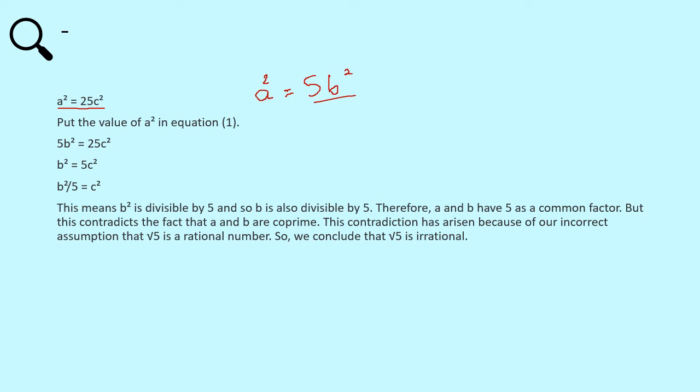It contradicts the fact that both a and b have no other common factor than 1. So our assumption was wrong. Root 5 is not a rational number. It is an irrational number. In this way it is proved.